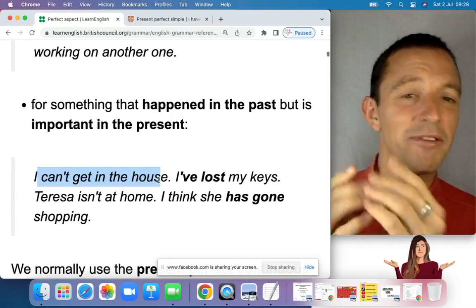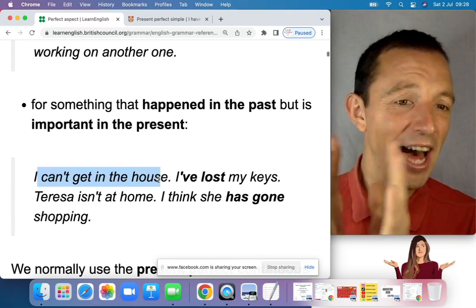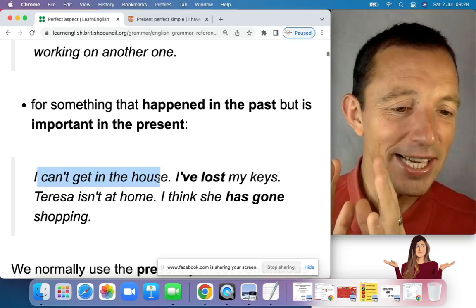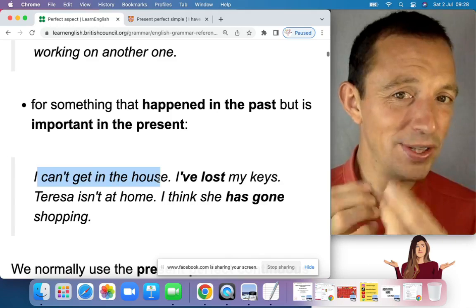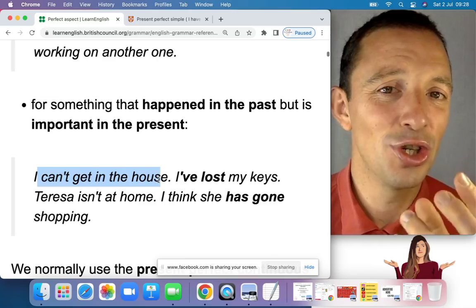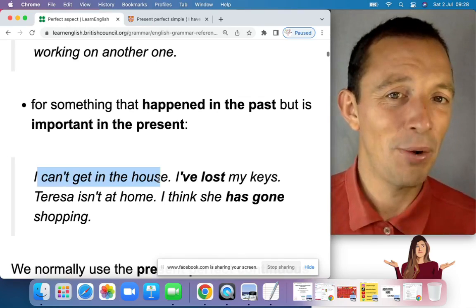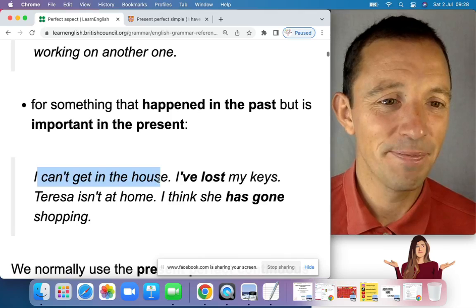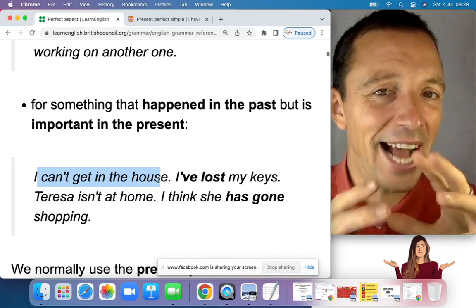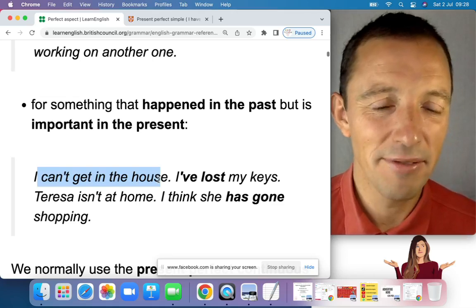So the verb to lose, past lost, and present perfect, I have lost my keys in the past, but it continues to be very important and relevant to the present. And this is the other possibility to use the present perfect. So 3 different explanations to use the present perfect.